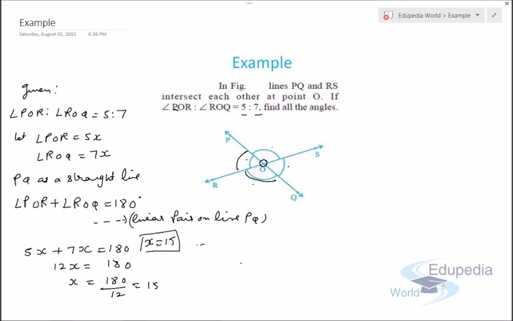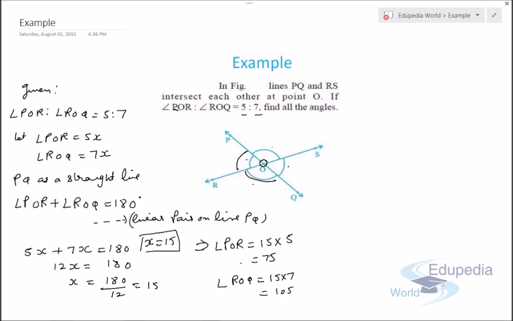This implies angle POR will be equal to 15 into 5, because it's given 5x. So this will come out to be 75, and angle ROQ will be equal to 15 into 7, so it will come out to be 105.